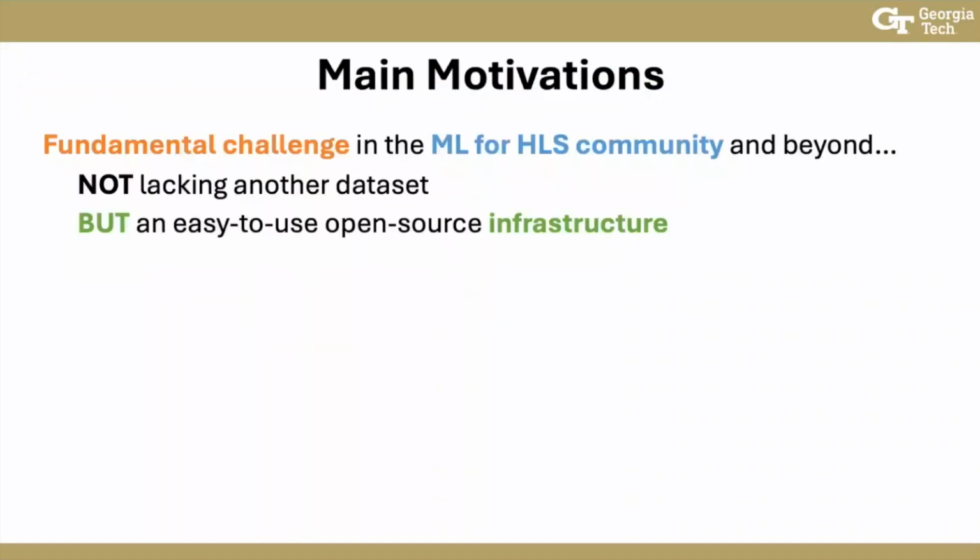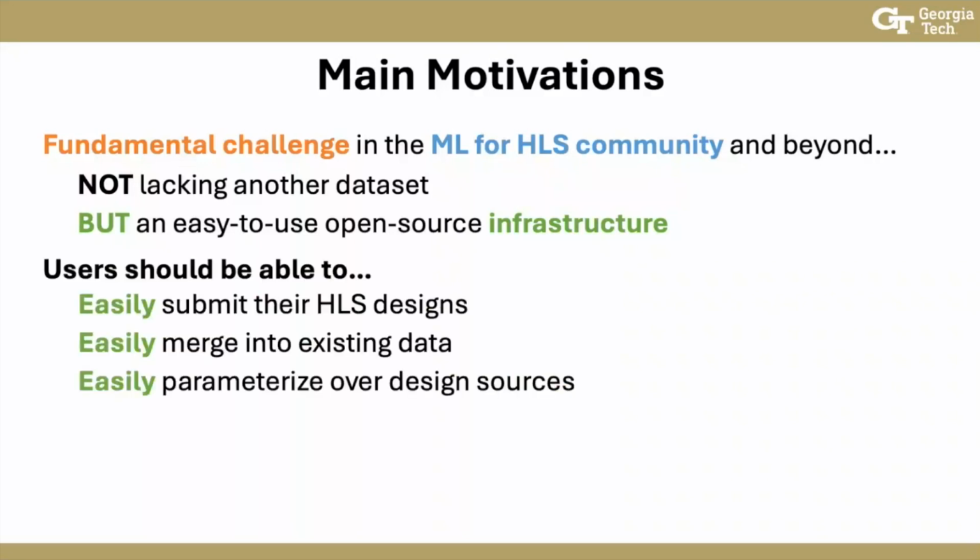So at a high level, the main motivation, an issue that we see, is that there's not a lack of another data set, but really there's a lack of easy to use infrastructure or tooling or software to build these data sets, generate all of this data, collect it, and organize it in order for someone to just take it and then run experiments with. Users should be able to submit HLS designs into a centralized, community location. It should be easy to merge in existing data that they've already generated with each other.